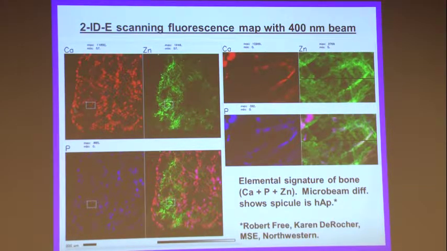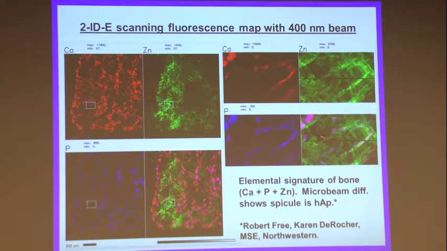So we did fluorescence mapping at 2IDE, and this is the entire scaffold. This is the calcium map and the zinc map. And then if we zoom in here, we see there's calcium, zinc, phosphorus, and this is actually a spicule. We found the same spicule in diffraction maps, and it diffracts hydroxyapatite.